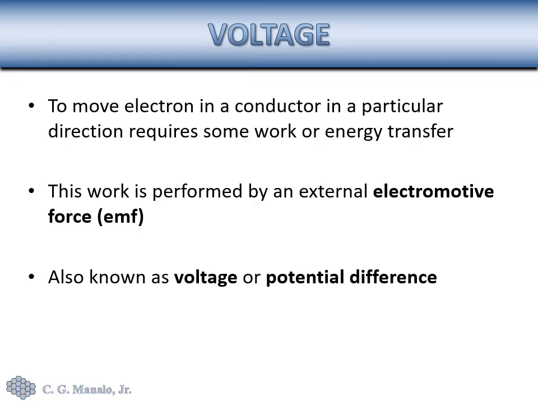If an object requires physical force to move it, it also requires force to move an electron. In particular, we're talking about electromotive force, or EMF for short. Now, EMF has other names, and sometimes we call it a voltage or potential difference.